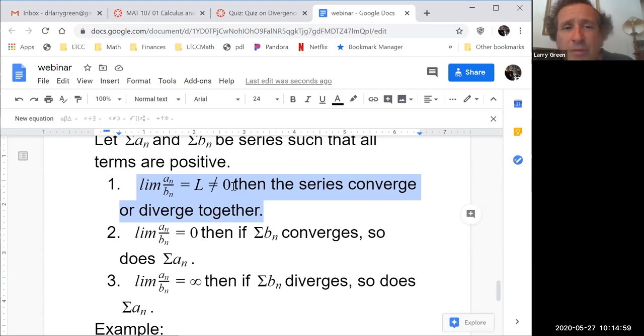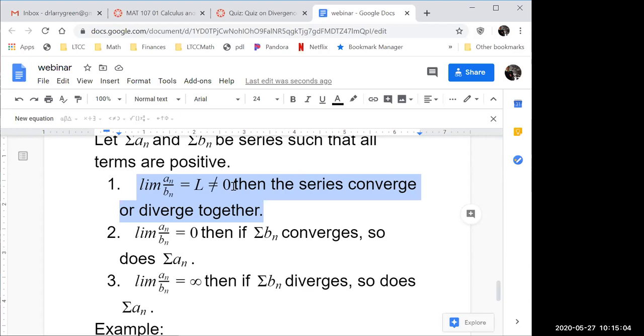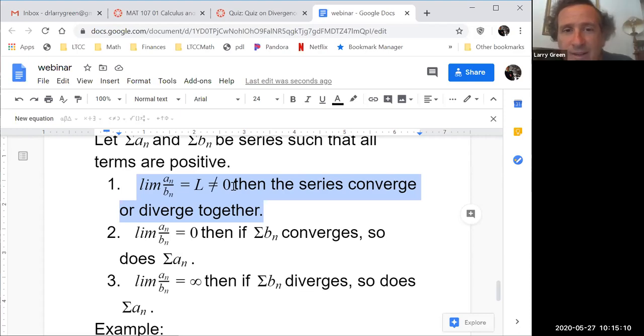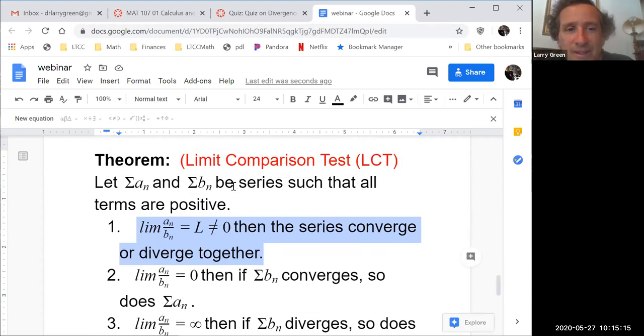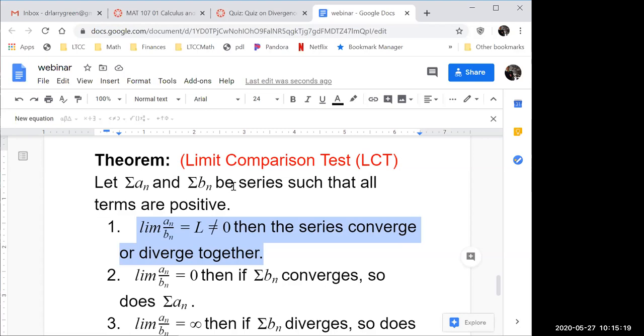Does this test always work? What do you think? No. When does it not work? Here's the hint. Read the first sentence. When there's negatives involved.